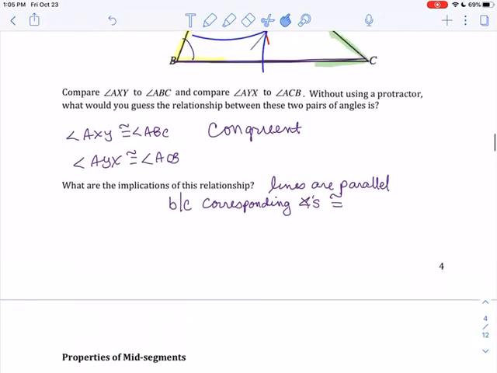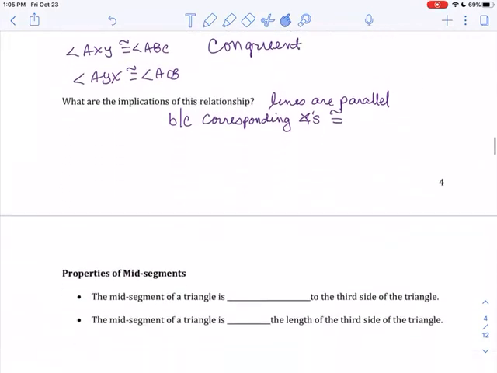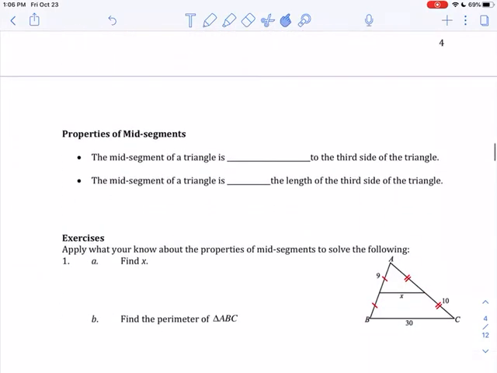So that midsegment is parallel to that other side of the triangle, to side BC. Another thing about it, and we're going to write this down on the next page: if you were to take out a ruler and measure XY and measure BC, XY is half the length of BC. So the midsegment is also half the length of that third side.